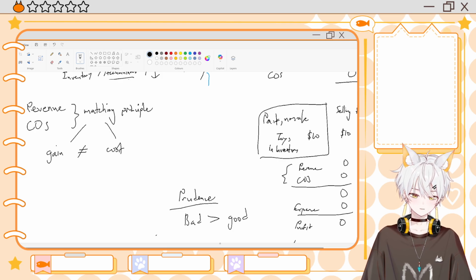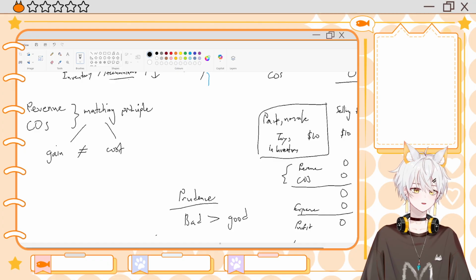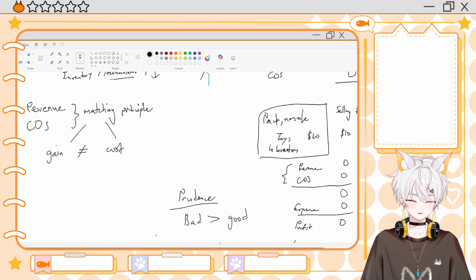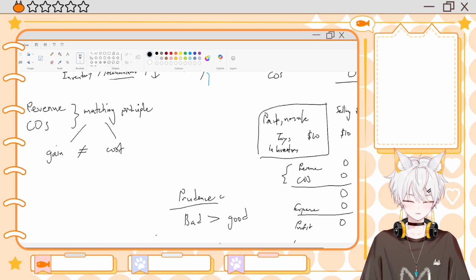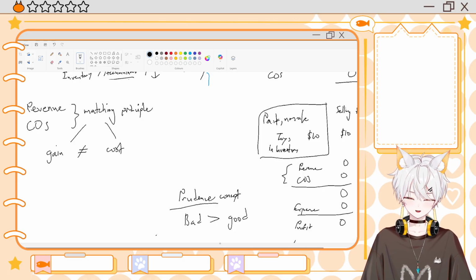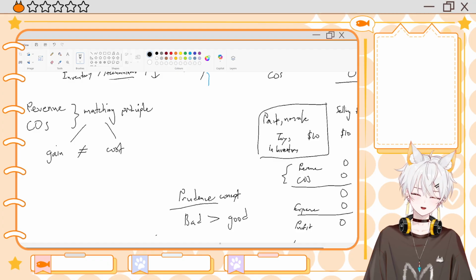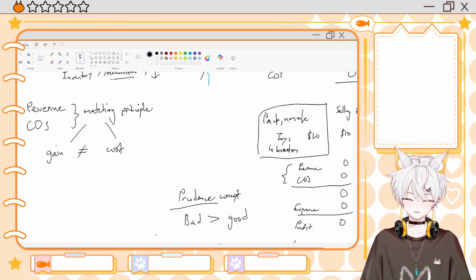I think these are the two main ones, the prudence concept and the matching principle. This is more of a concept, because a principle is something that we follow as much as we can. What we call substance over form.